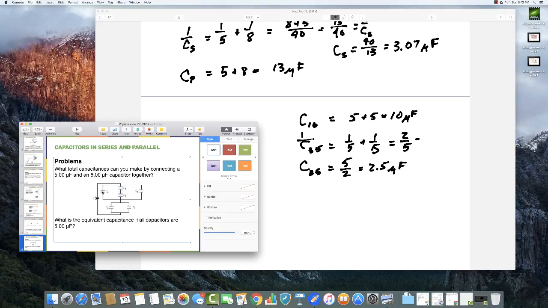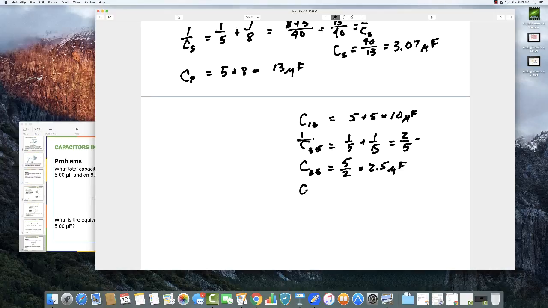So now you have these three, this one, and this one. So C4, C35, and C2 are in parallel. And so C2345 is going to be 2.5 plus 5 plus 5, or 12.5 microfarads.